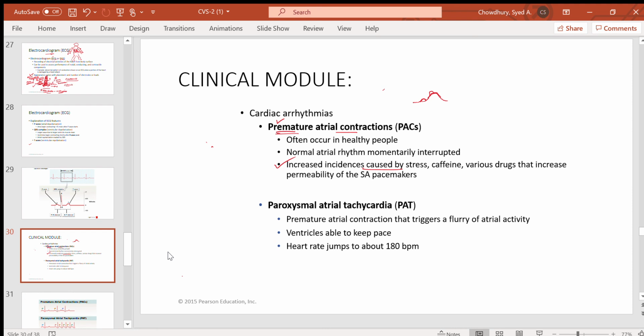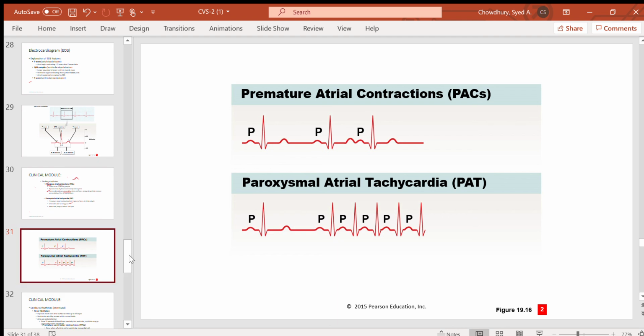Paroxysmal atrial tachycardia is a premature atrial contraction that triggers a flurry of atrial activity. Okay, and the ventricle is working fine. So in that case, the heart rate may increase, could be very fast.